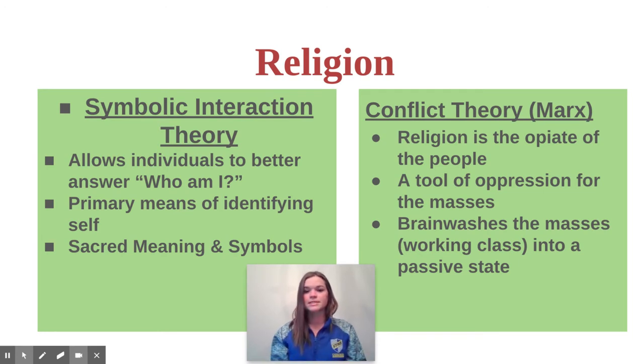So, what Karl Marx is saying here is that religion brainwashes the working class into accepting the role that they're at because of a higher power. So he believes that without religion, people would be more likely to try to attain a higher class. Okay, so symbolic interaction theory in religion and the conflict theory.